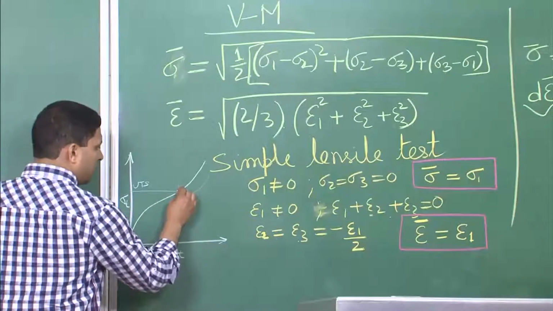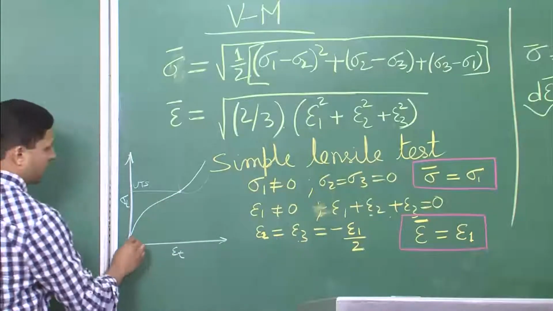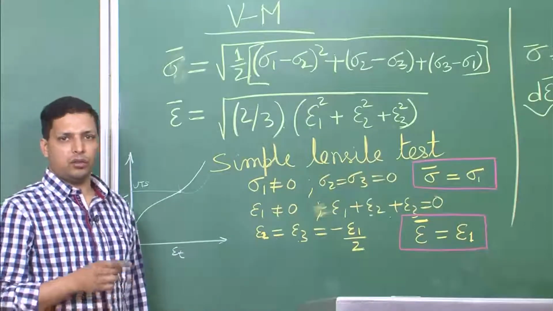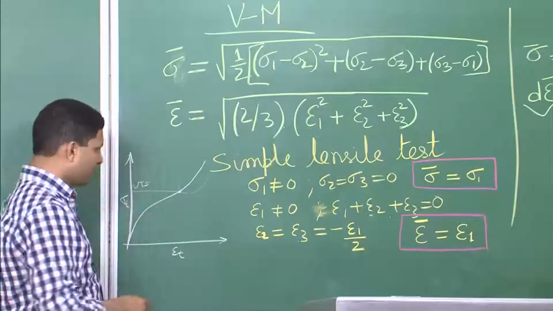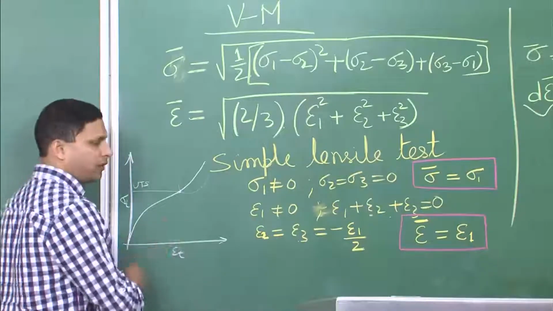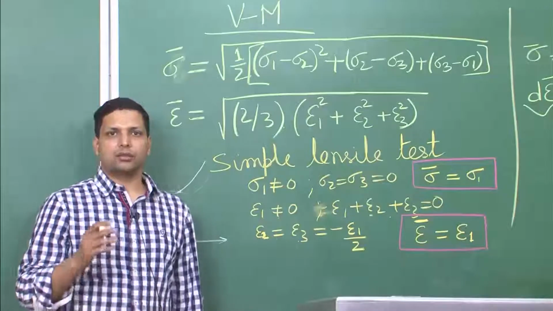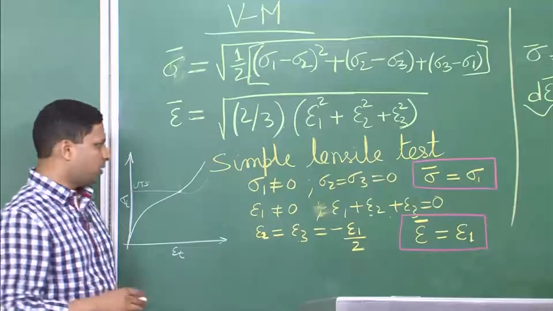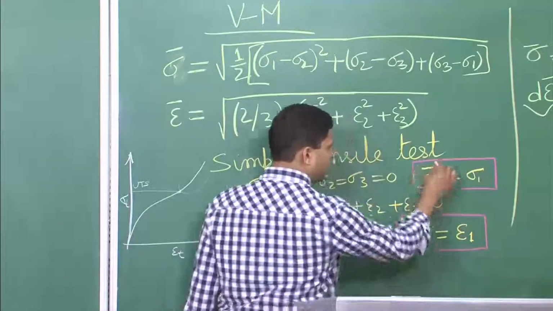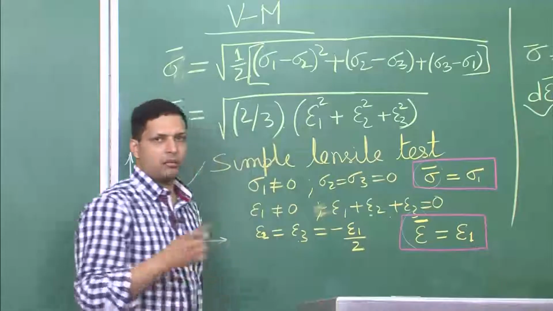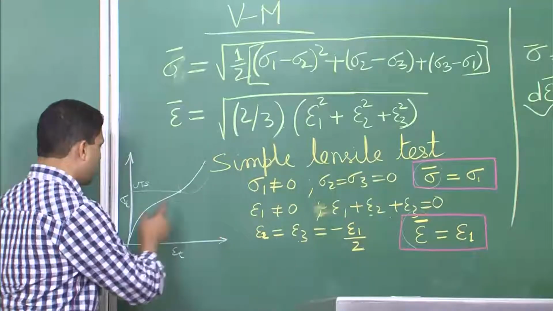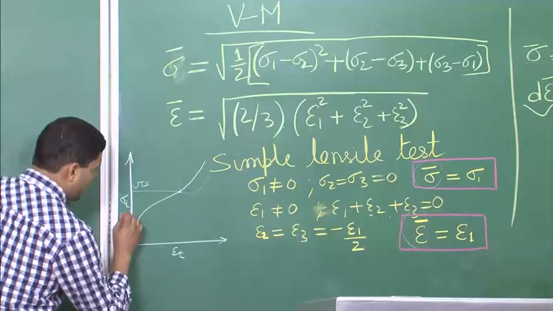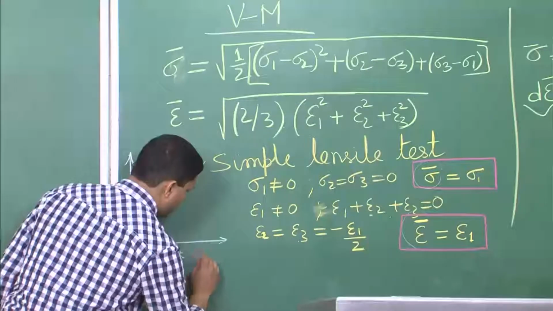Now this true stress, true strain plot that we obtain from a uniaxial tensile test is representative of any kind of deformation that you give in the material. All you need to do is get effective stress value from there and effective strain value from that particular deformation, and that will be represented by this same graph, by the same plot.